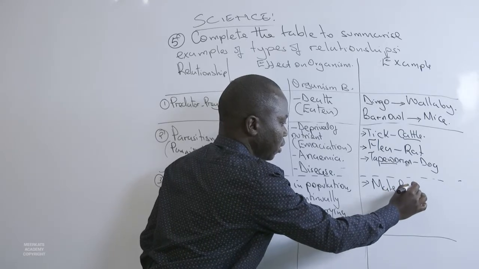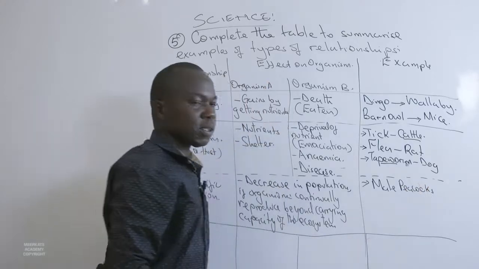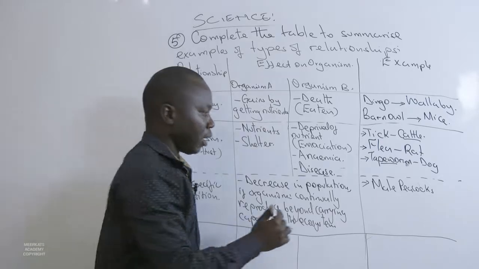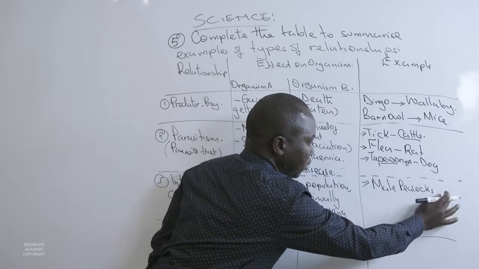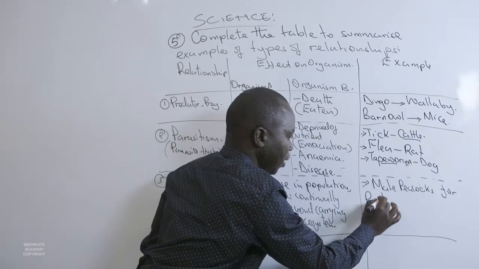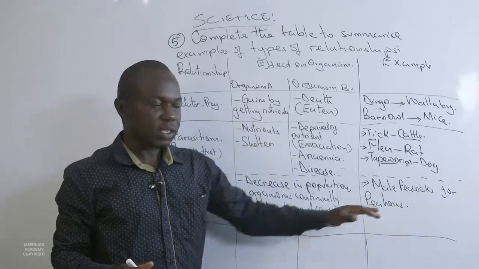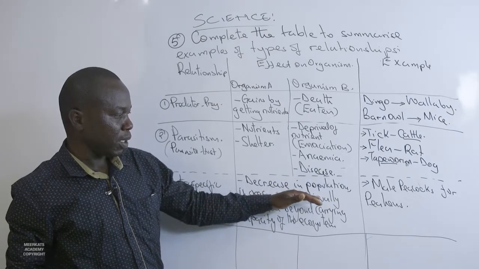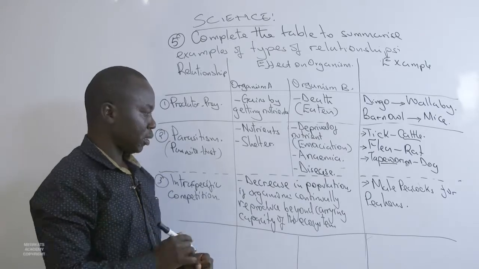A very good example is the male peacocks. When male peacocks are competing for female peacocks, which are called peahens, there's that competition. Some of them will fight, and in the process, there's a decrease in population, but without actually eliminating the whole species.